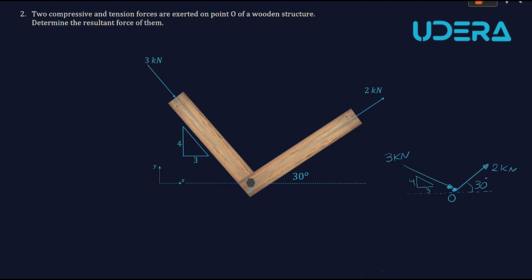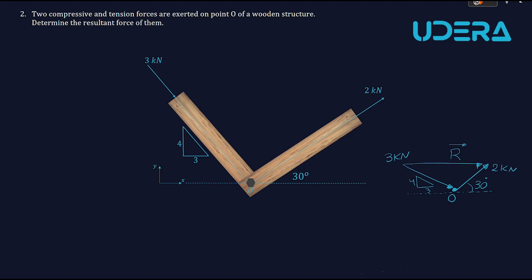So the resultant vector is R, which connects the tail of the first vector to the tip of the second one.